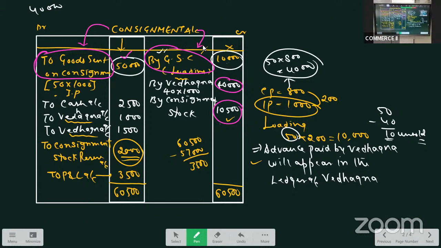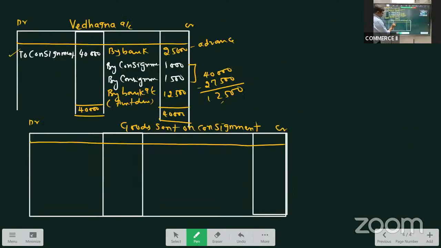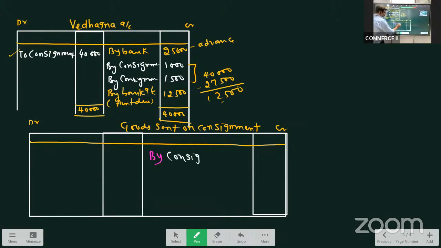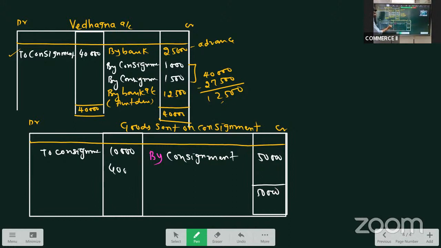So in goods sent on consignment account, both will appear on the opposite side: by consignment, the amount which was debited to consignment account, 50,000, and then to consignment account, the excess loading which was credited to consignment account. So 50 minus 10, that is 40,000, which is the actual cost of consignment. This will be transferred to trading account.